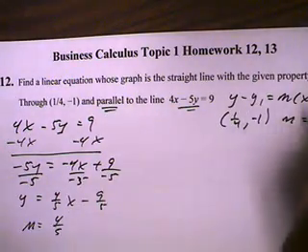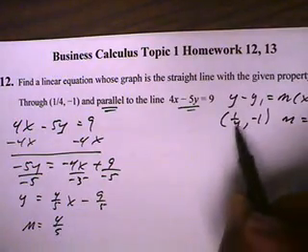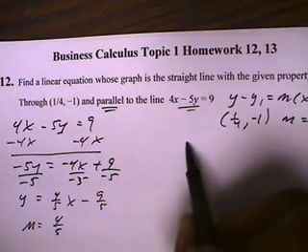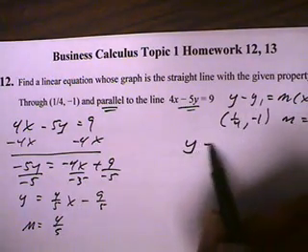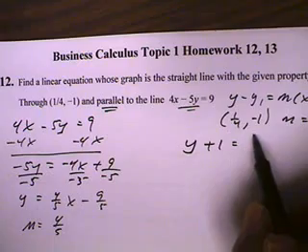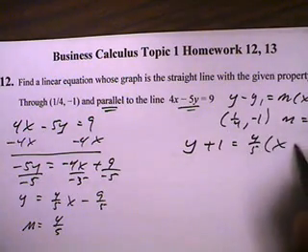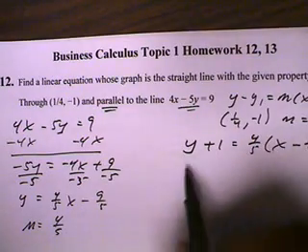So now, using the slope 4/5 and the point (1/4, -1), we're going to find the equation of the line. So the opposite of y will be +1, slope is 4/5, and the opposite of x is -1/4.